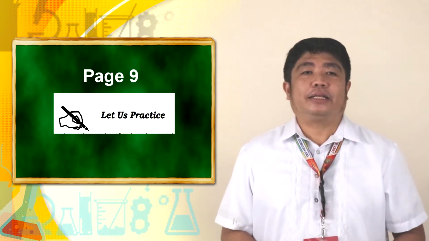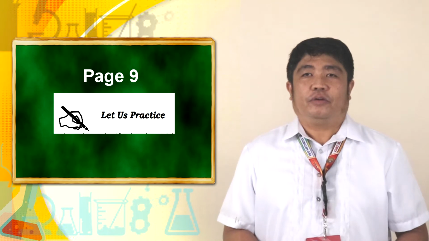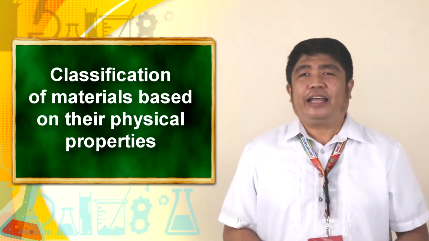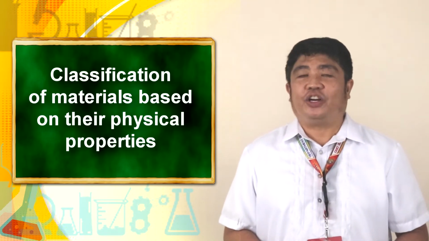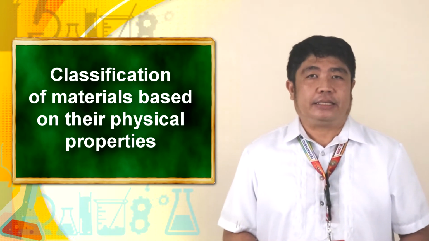Since you have now an idea of our topic, let us now proceed on the Let Us Practice part found on page 9. For this activity, let us conduct a classification of materials based on their physical properties.